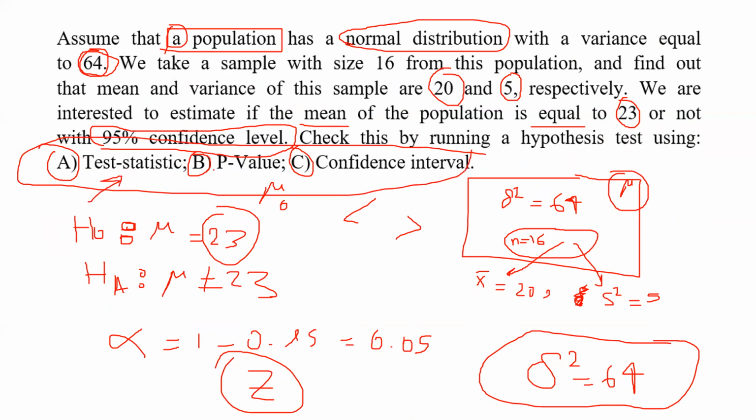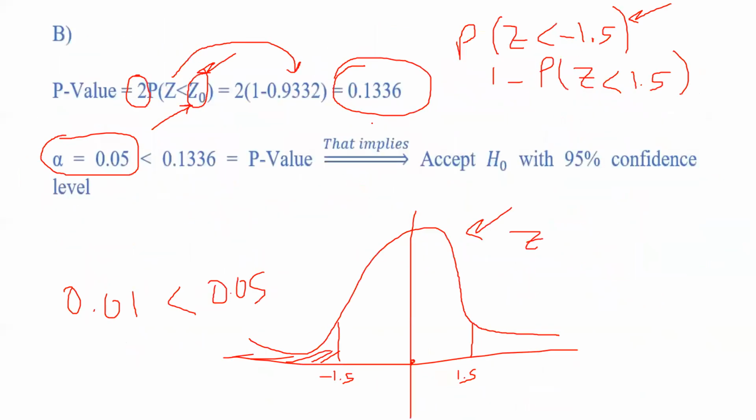It has another method. P-value, you should compare it with alpha. Confidence interval, you construct a confidence interval, then compare it with your mu0. The methods are different, but they should always give you the same answer. It means that at the end, for all of them, you should accept H0 with 95% confidence. If you find another answer, it means that your solution was not correct for one of them.